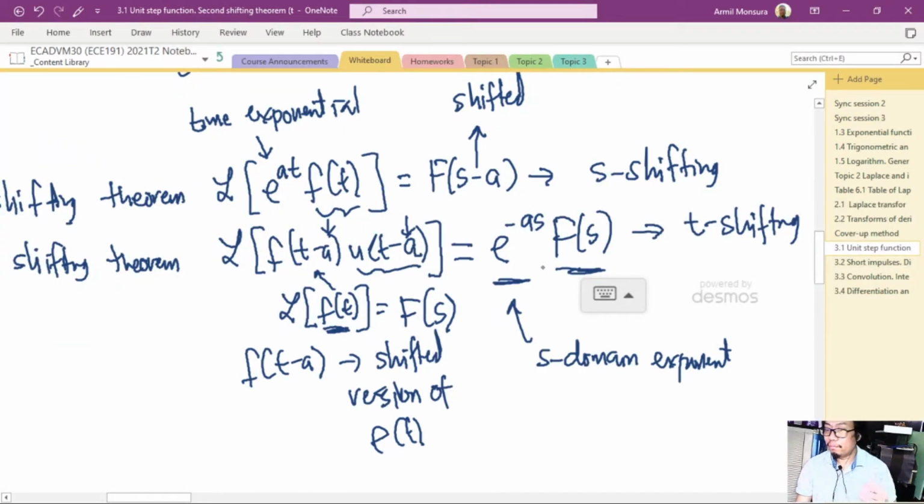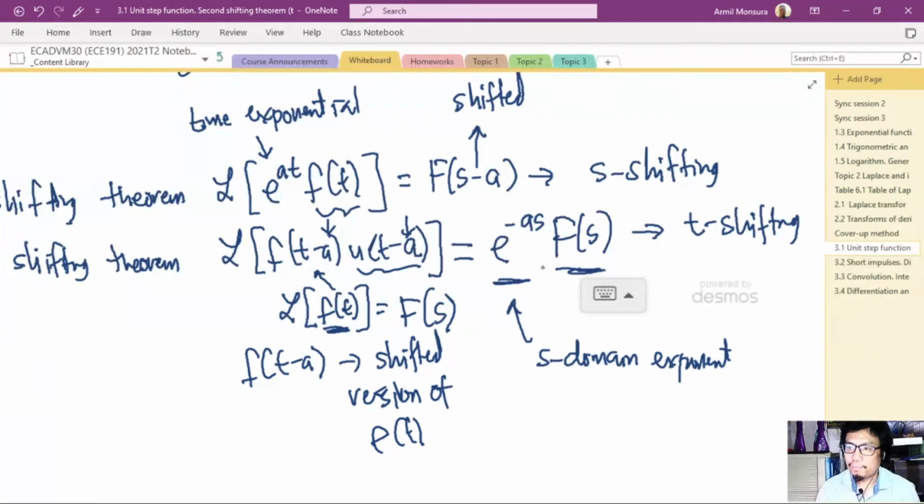So the effect is dual between the first and the second shifting theorem. In fact, that duality of Laplace transform properties is also observed in the previously discussed properties, the Laplace of derivatives and the Laplace of integrals.